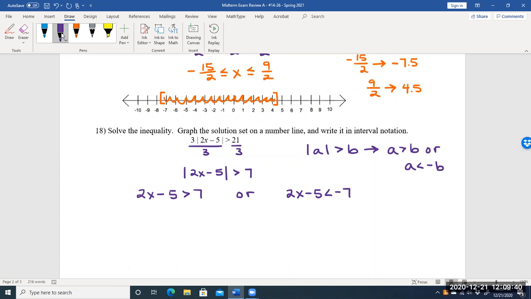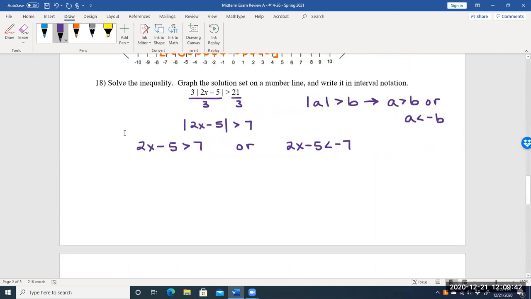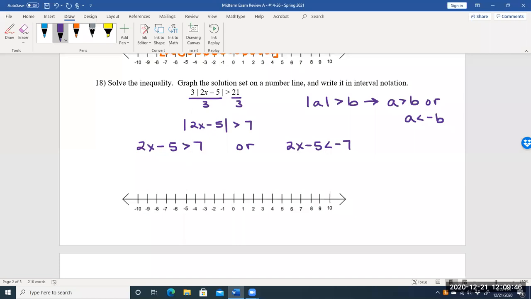For these types of absolute value inequalities, we're going to get 2 intervals that are non-overlapping. So unlike the last problem where we got one interval in between the 2 endpoints, this time we're going to get 2 non-overlapping intervals. So when we solve this, we're going to get x is greater than 6.